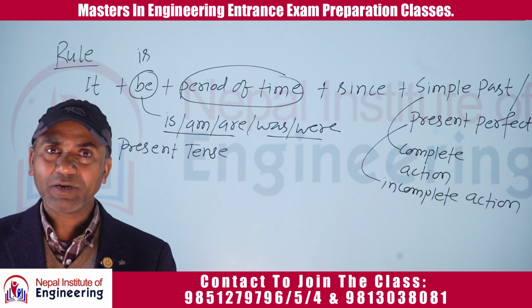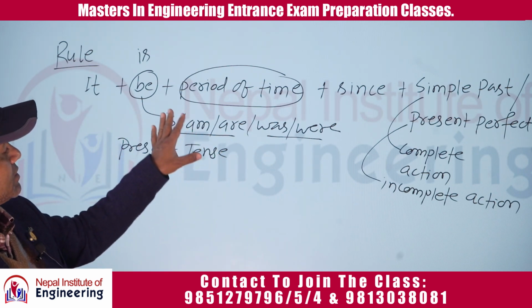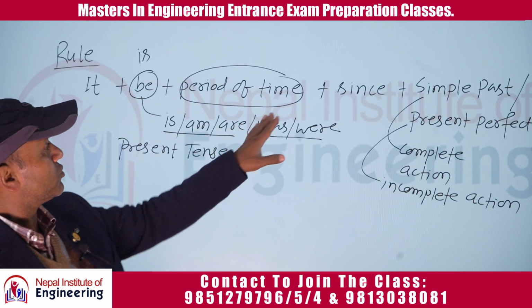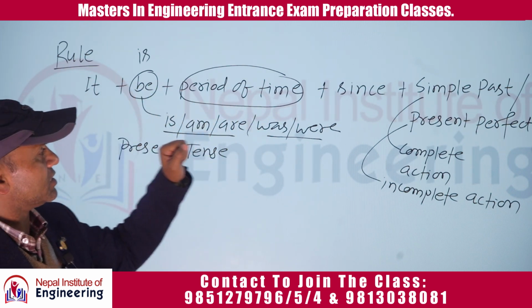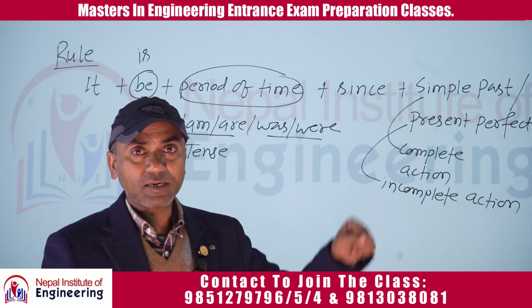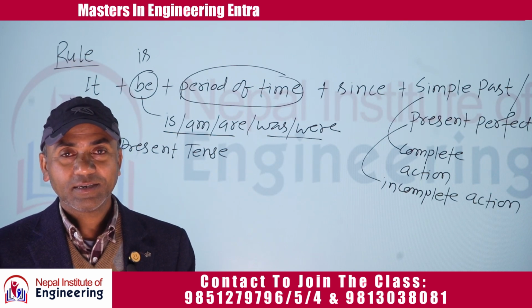Yes, it's not meaningful. Always remember, if the sentence has this structure, it plus be then period of time, here we use simple present tense, that is it is 3 years, and then after since, for complete action, simple past, for incomplete action, present perfect. Did you understand? Is it clear?